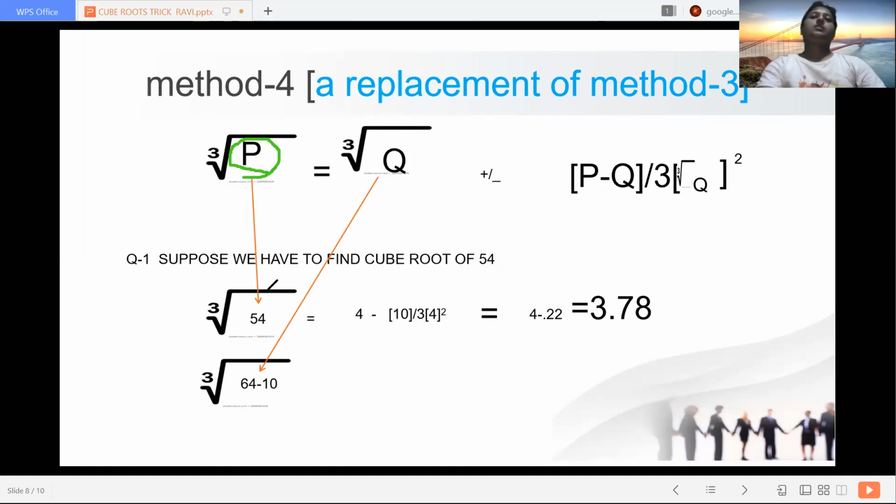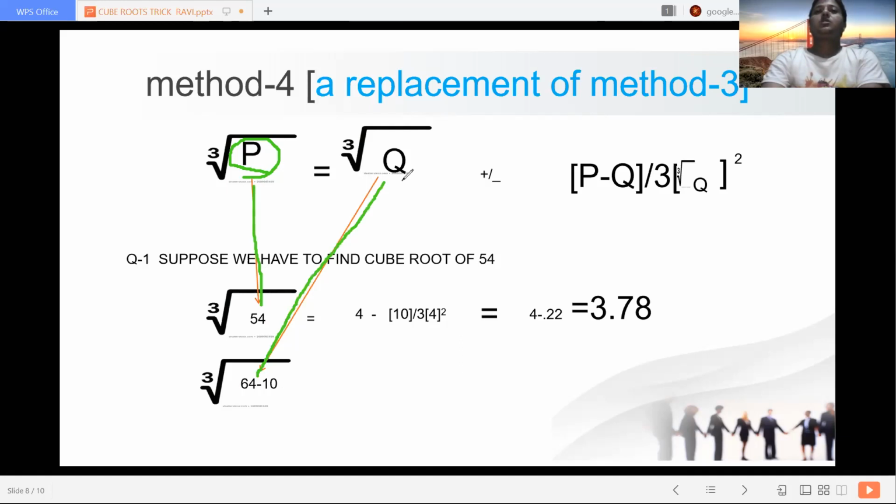Suppose we have to find the cube root of 54. 54 is 64 minus 10, nearer to 64. Here P is 54 and Q is 64.